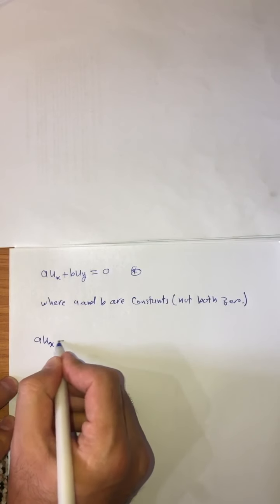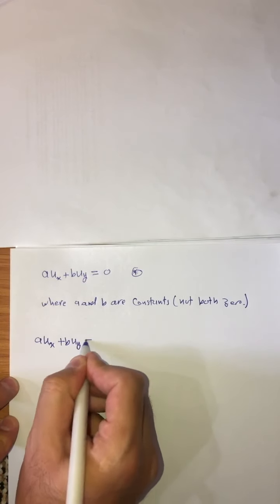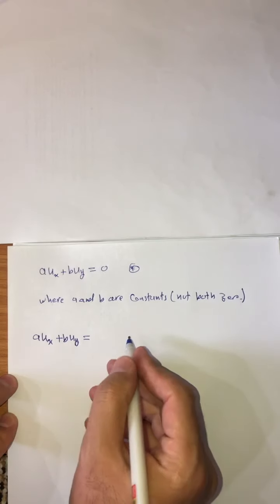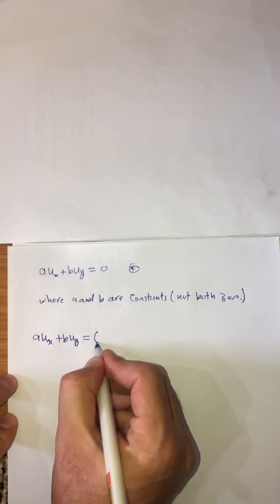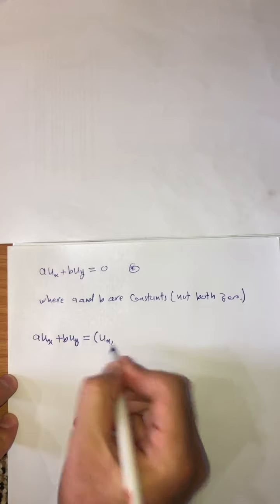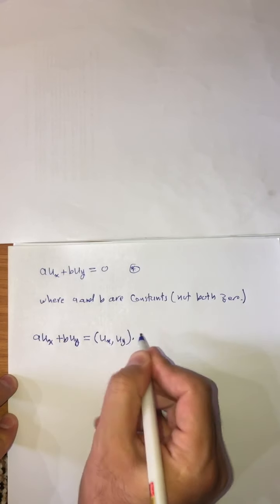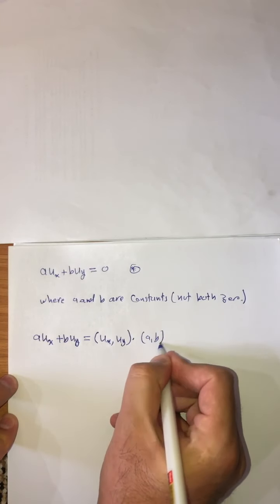First, a u sub x plus b u sub y can be written as a vector product of the form (u sub x, u sub y) dot (a, b).